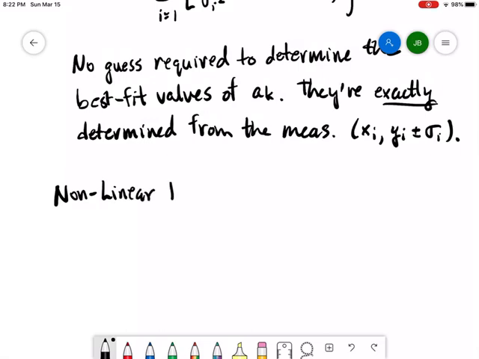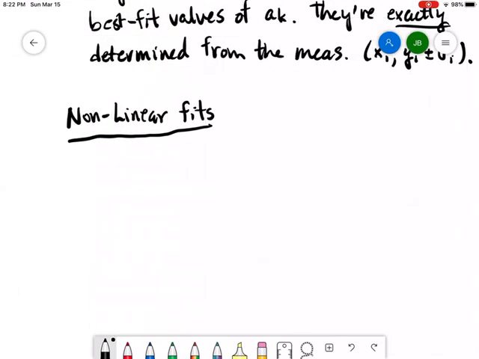Nonlinear fits. And we're going to start this by way of an example. And so the example that we're going to work with is a simple one. We're just going to say y is equal to a1 times sine of a2x.